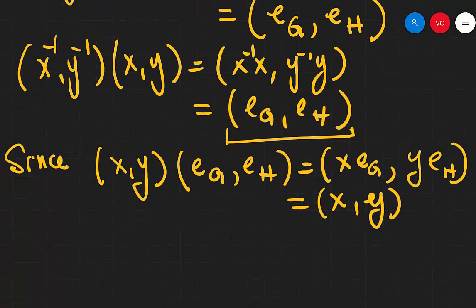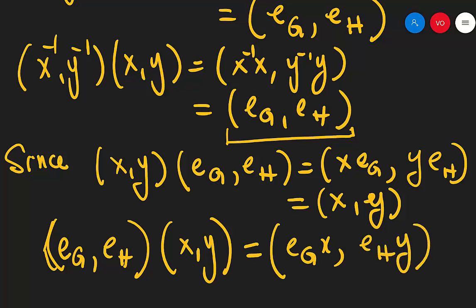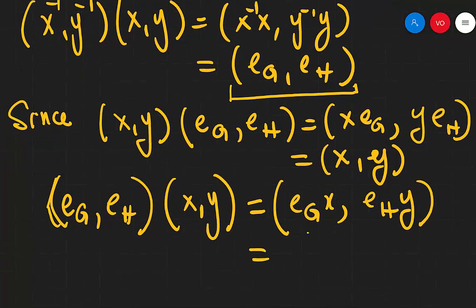And similarly, if we take (e_G, e_H) combined with (x, y), that will give us (e_G x, e_H y), which is also (x, y).